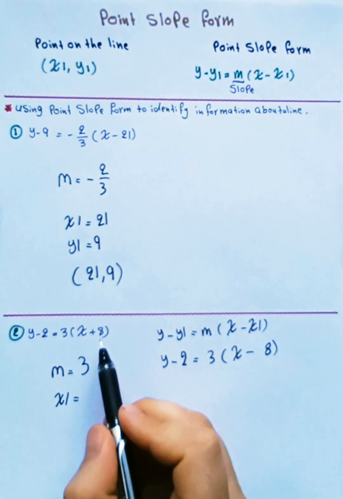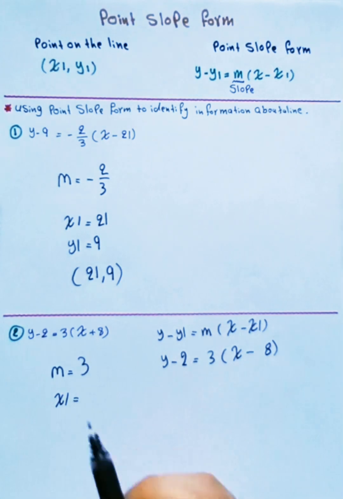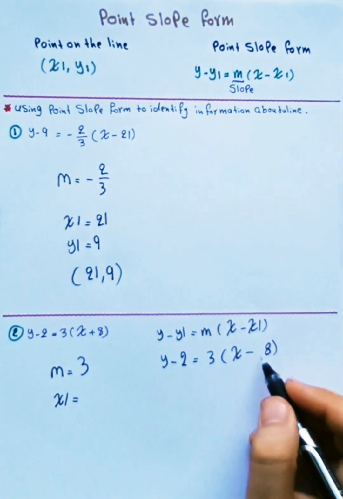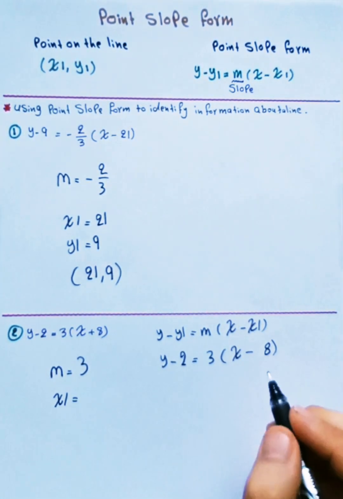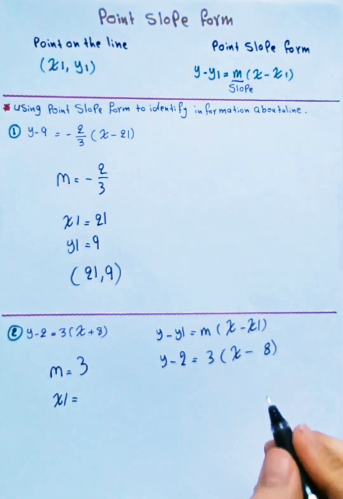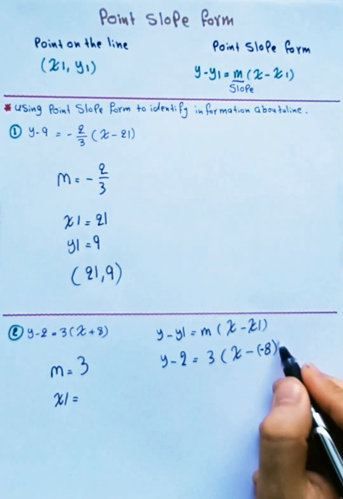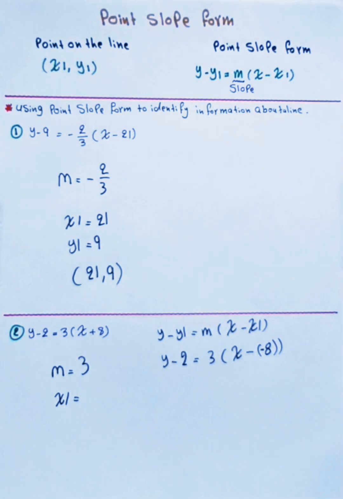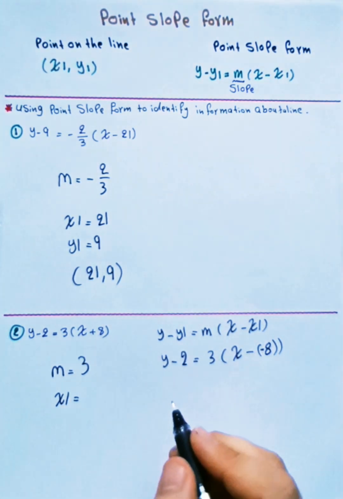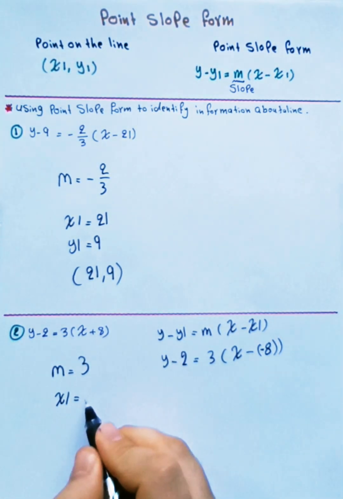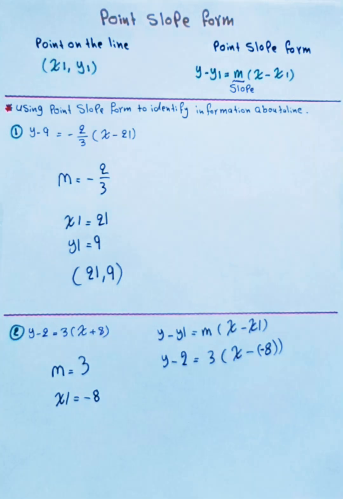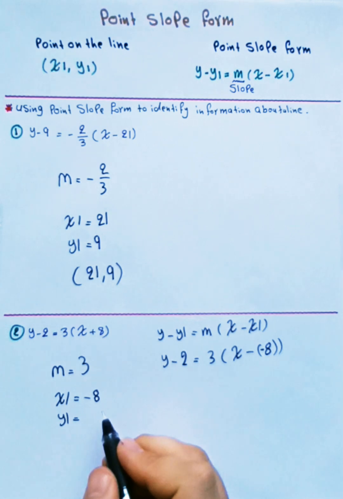So whenever the x1 is positive, when we rewrite in point slope form, this positive becomes negative. So x1 is negative 8 and y1 is 2.